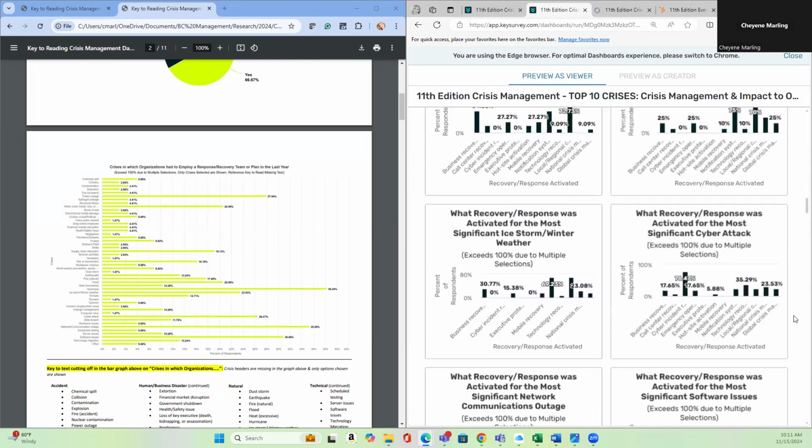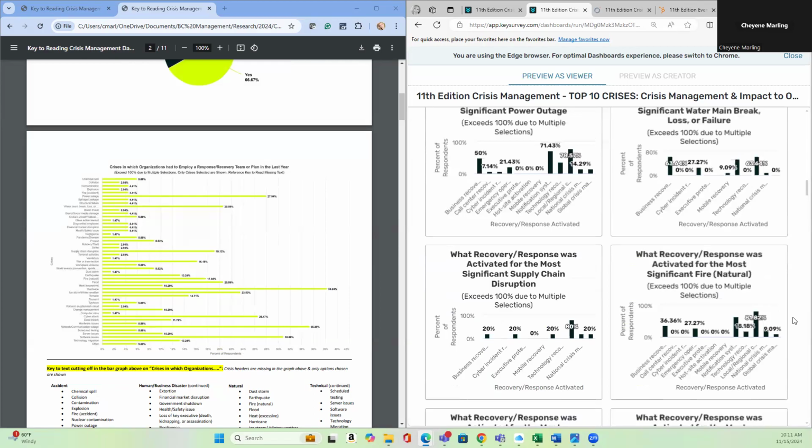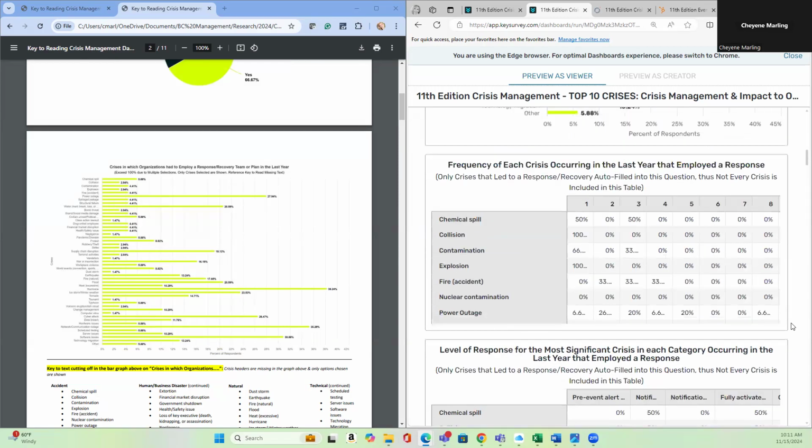Those were the top 10 crises that impacted organizations in the last year. So we only took the top ones, but still within the dashboard, it will include the other ones. We were unable to eliminate those.